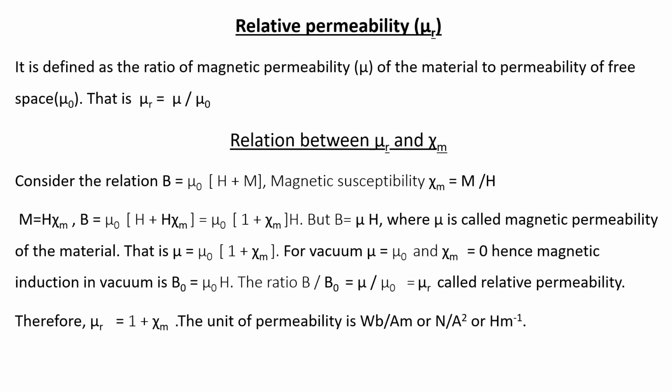Therefore, B is equal to mu 0 into H plus H chi m, and H can be taken outside, that is, B is equal to mu 0 into 1 plus chi m into H.